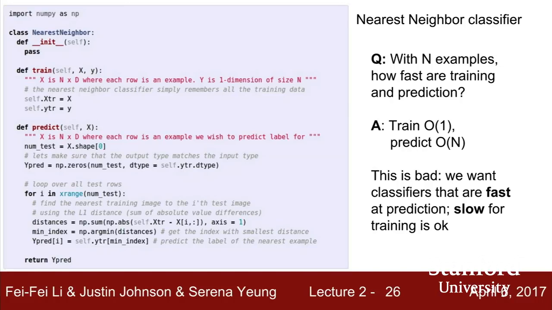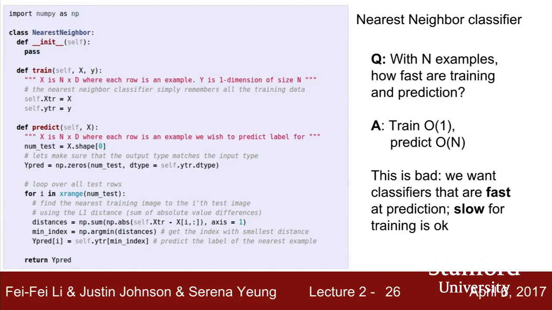So this is actually somewhat backwards, if you think about it, because in practice, we want our classifiers to be slow at training time and then fast at testing time. Because you might imagine that a classifier might be trained in a data center somewhere, and you can afford to spend a lot of computation at training time to make the classifier really good. But then when you deploy the classifier at test time, you want it to run on your mobile phone or in the browser or some other low-power device.